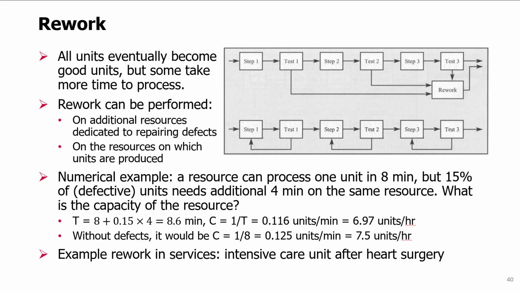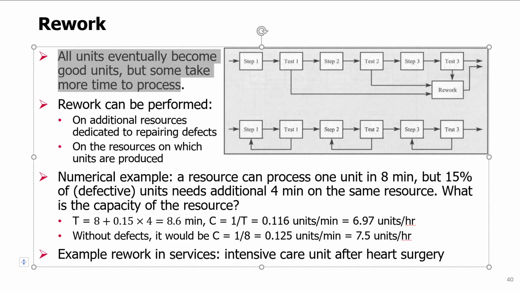So in case of rework, all units eventually become good units, but some may take more time to process and may use additional resources. So rework can be performed on some additional resources dedicated to repairing the defects, as you see here in this picture at the top part, right?